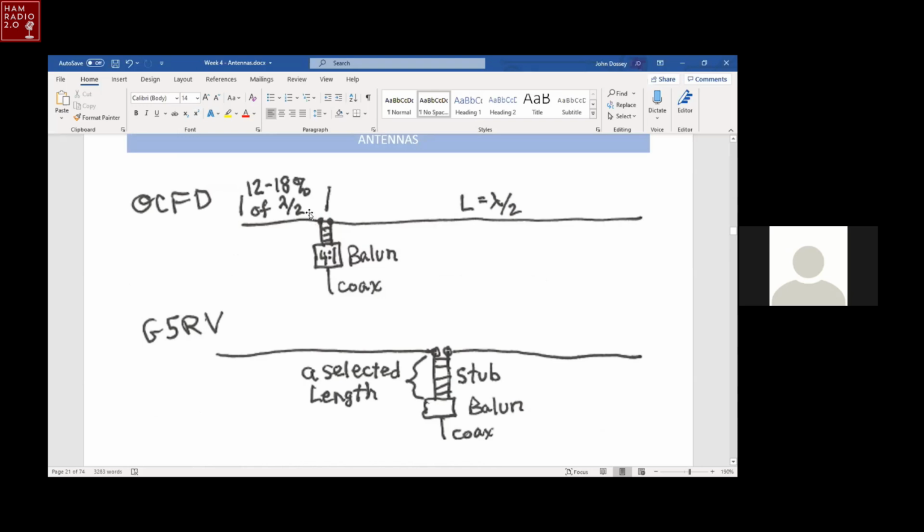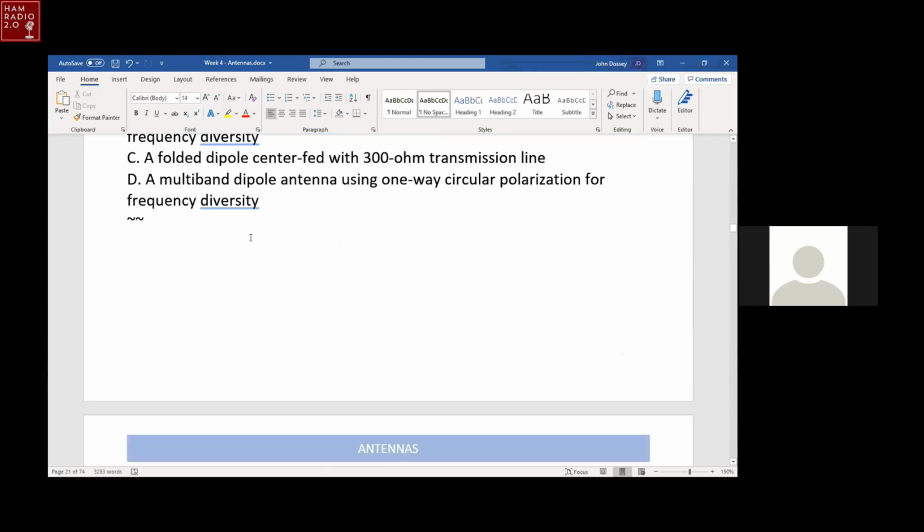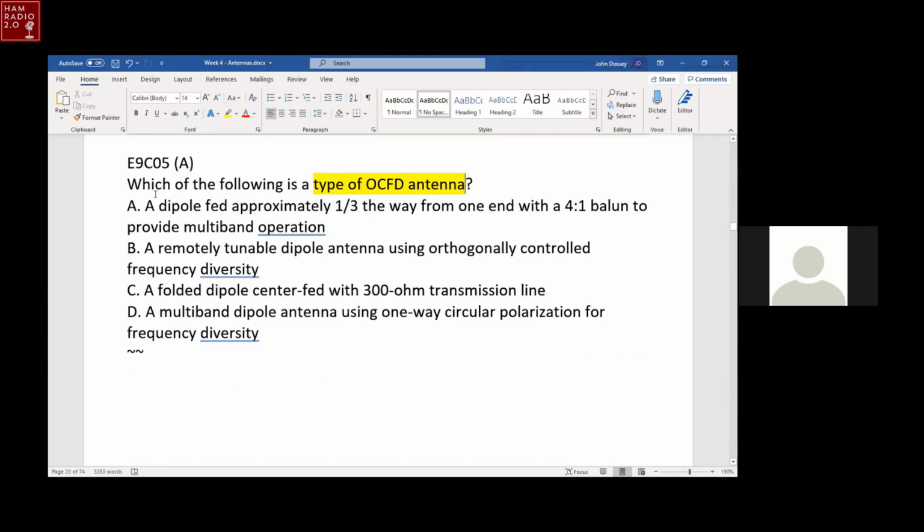And I kind of messed this explanation up because I put 12 to 18% of the total half wave length. Well, if you figure that on a quarter wave length, that's about a third, 33%. And I think that's the answer to the question. It's a dipole fed a third of the way from one end with the 4-to-1 balun, and it gives you multi-band operation.